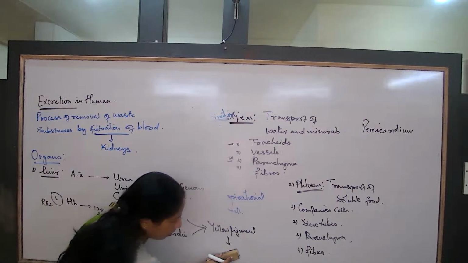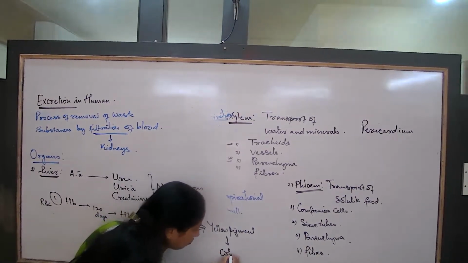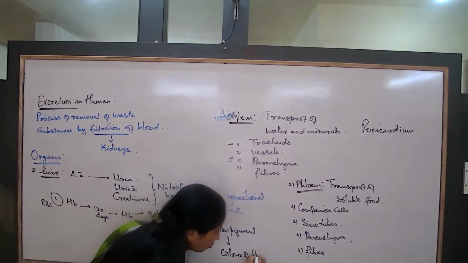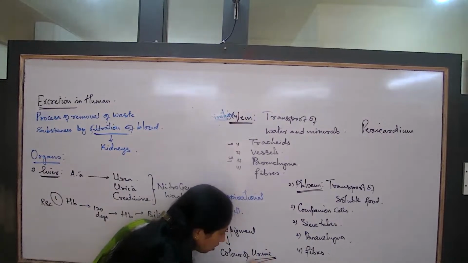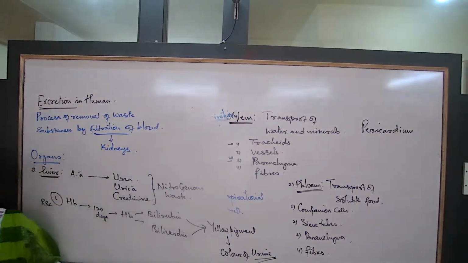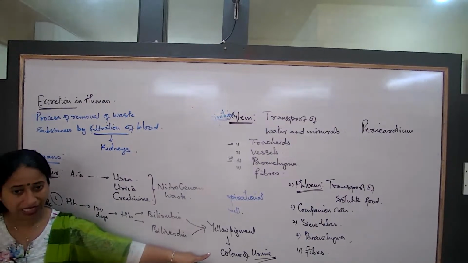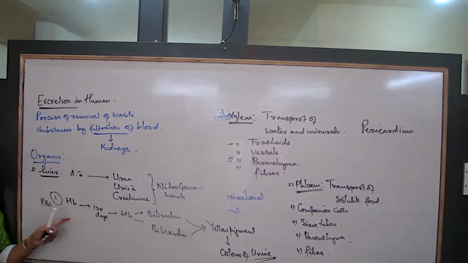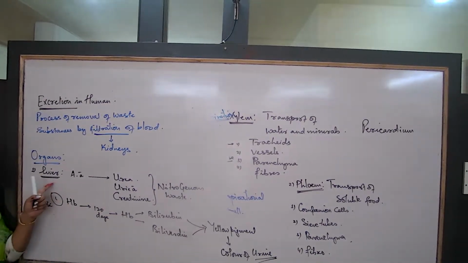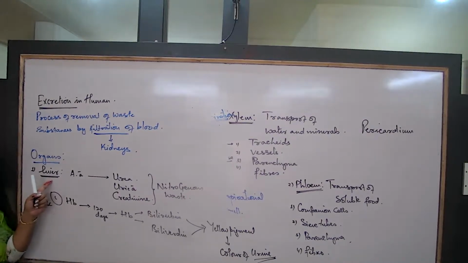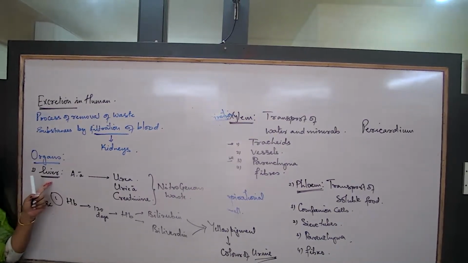So I would say that this yellow color is the color of the excretory waste substances that we are going to come across later in the chapter. What is the relation? How can we justify that the liver is an accessory excretory organ?